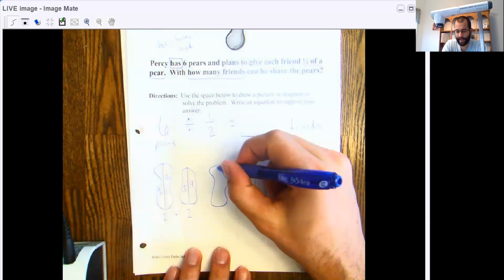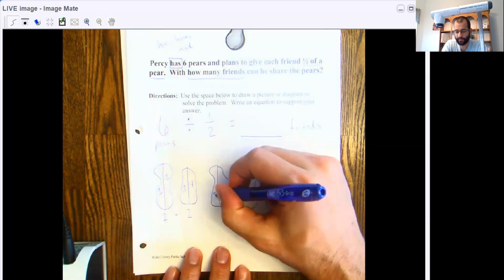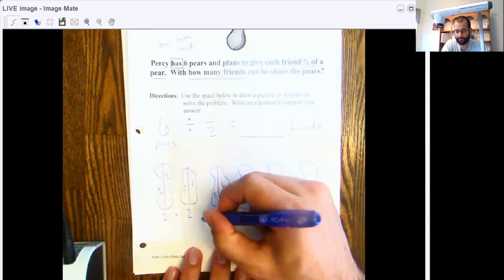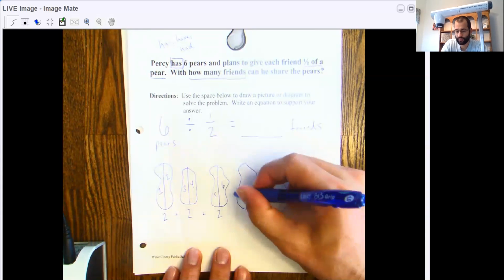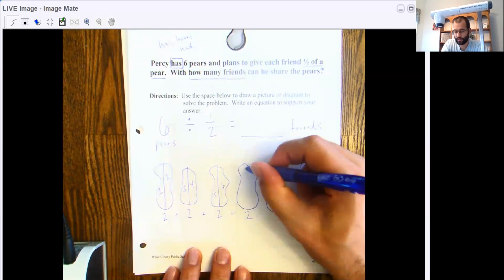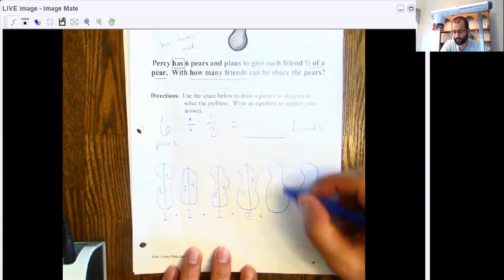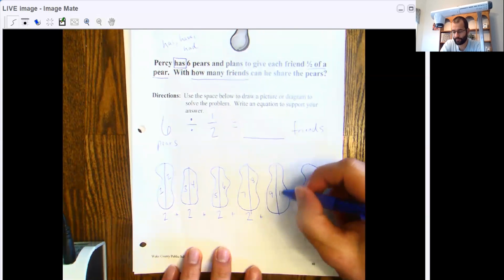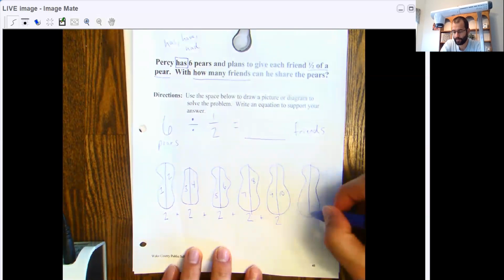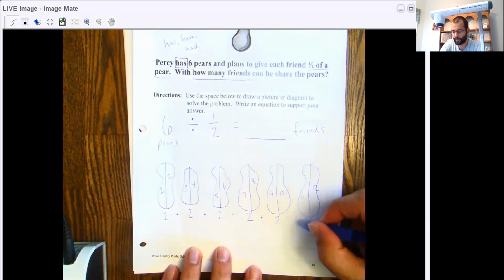So it looks like my pattern is going to be friend 5 and friend 6. Remember, each one's getting 1/2. And then this is friend 7 and friend 8. This is friend 9 and friend 10. And this is friend 11 and friend 12.